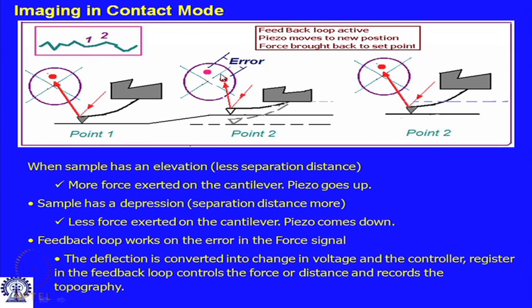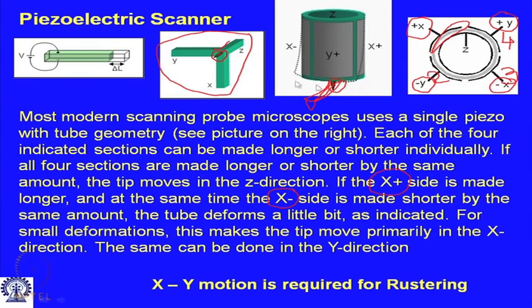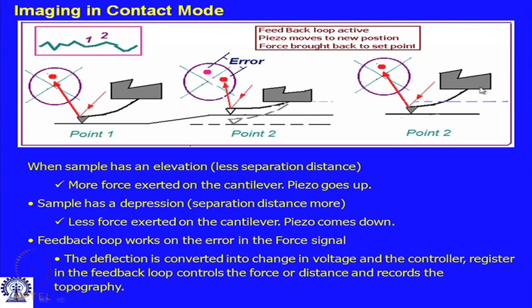Now, what is done? This error is fed back to the feedback control loop, and depending on whether this error is positive or negative, the feedback loop gives an appropriate signal to the piezo scanner. This signal is such that all 4 components get elongated or shortened by the same amount, so that the movement of the scanner is in the vertical direction only.